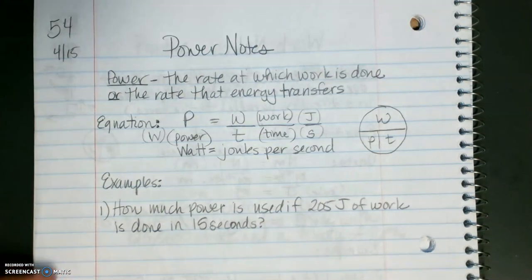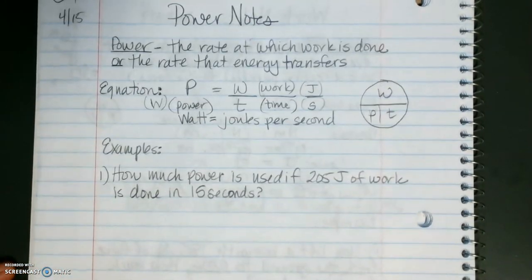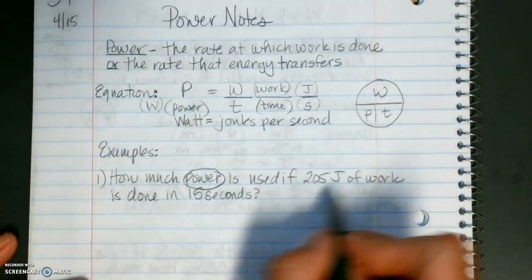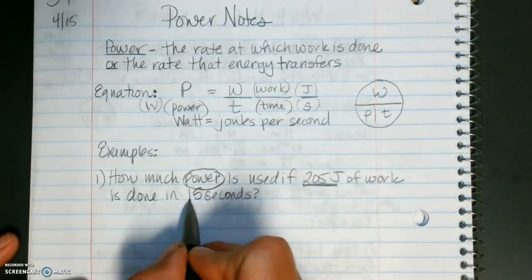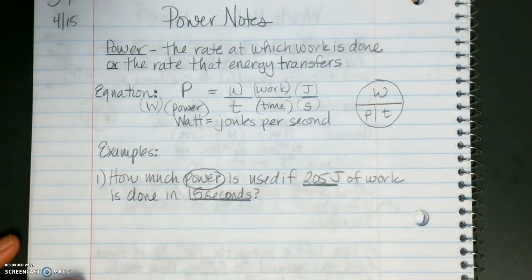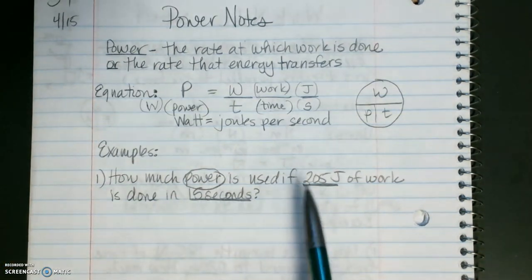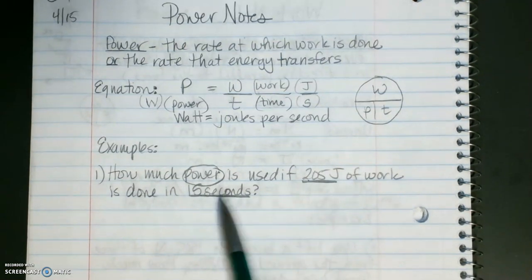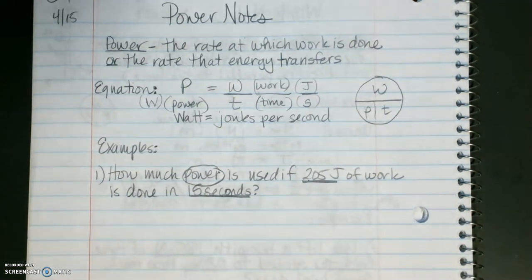Okay, so we're going to do the same method that we always do. We're looking for power. How much power? We're going to underline what we're given and circle what we need. So we're given 205 joules of work, and we're given 15 seconds. So we will be searching for power.